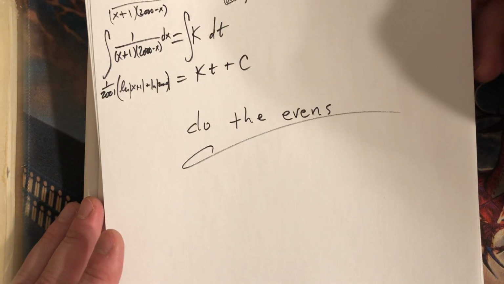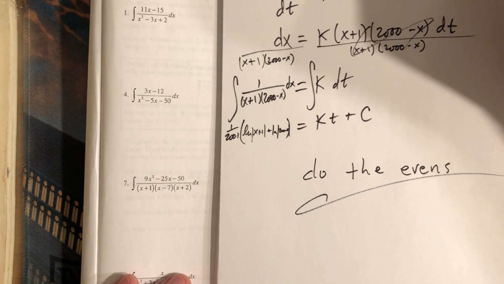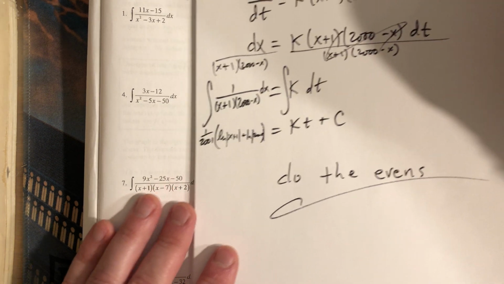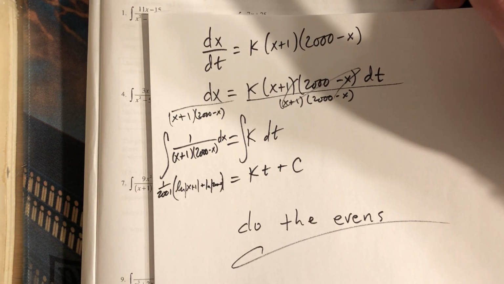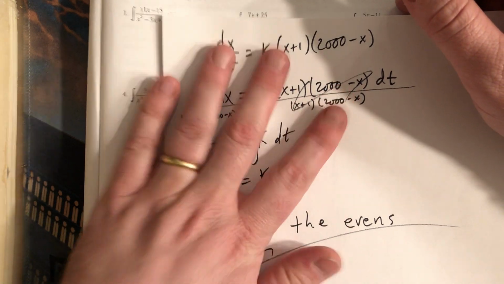Do the evens or do the odds. If you must, feel free to do all of them, but half is enough for me. I feel like once you've been through the notes and you've been through half of the homework like this, you get it. You either get it or you don't, and if you're not getting it, let me help you. Everyone can get this. These can be really straightforward. I know this problem was kind of weird, and some of the last ones we were doing were kind of weird, but most of these should be nice and straightforward.